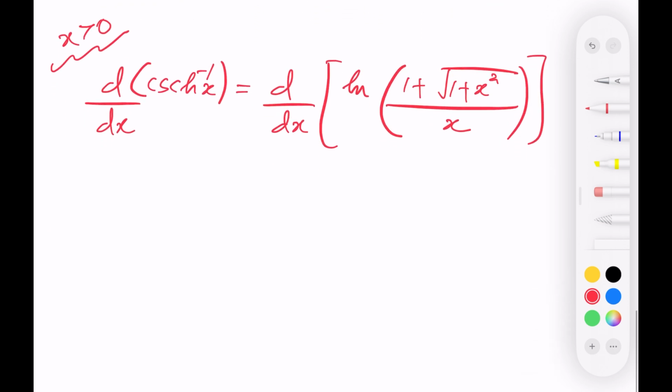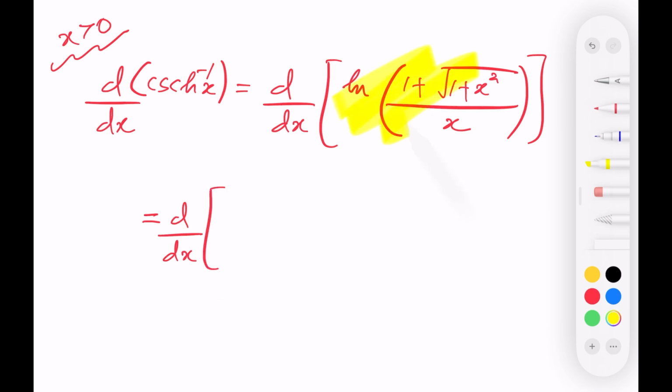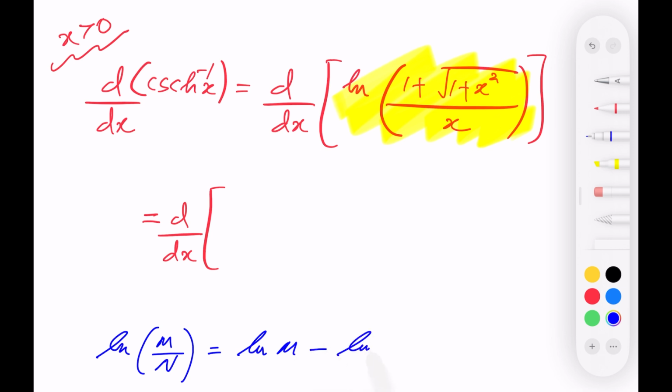When I differentiate that, what will I get? Since x is positive, if necessary, I can split that into two pieces using the properties of natural logarithm before doing the differentiation. When I apply the natural logarithm properties to simplify this part, it's a quotient. Remember, natural logarithm of m divided by n is equal to natural logarithm m minus natural logarithm n.